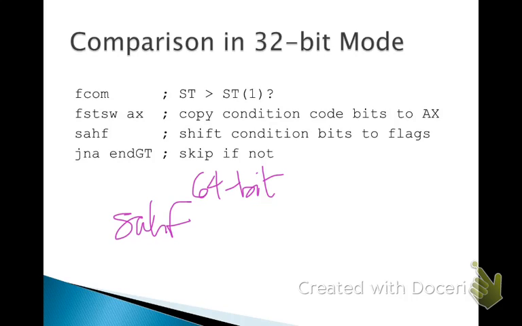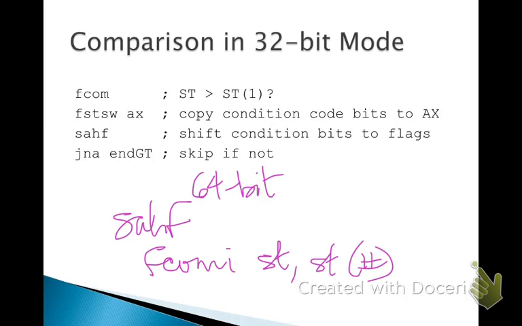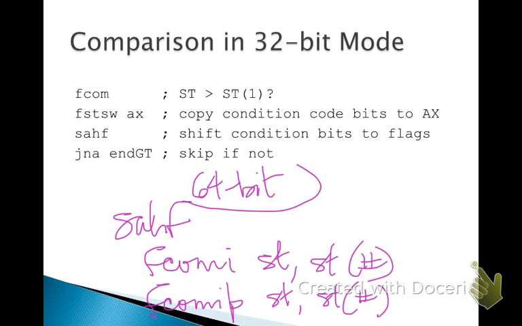But it turns out that two instructions, FCOMI ST and ST number, and FCOMIP ST number, will directly set the flags in the flags register for 64-bit machine. So you might want to try that on your 64-bit machine.